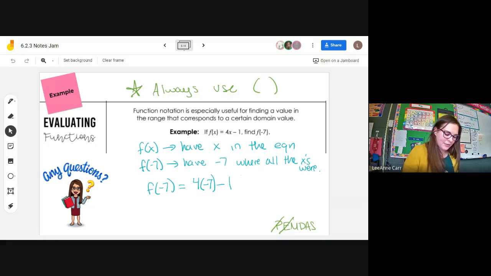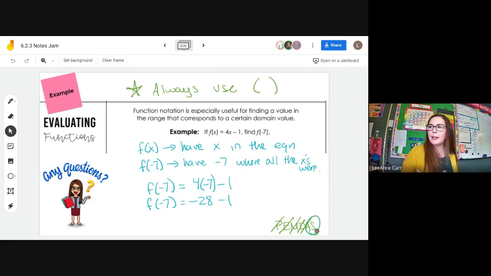So I'm now going to have f of -7 equals 4 times -7 is -28 minus 1. So going back to my PEMDAS, I've now multiplied. I don't see any division here, so I'm going to skip that. I don't see any addition, so I'm going to skip that as well.